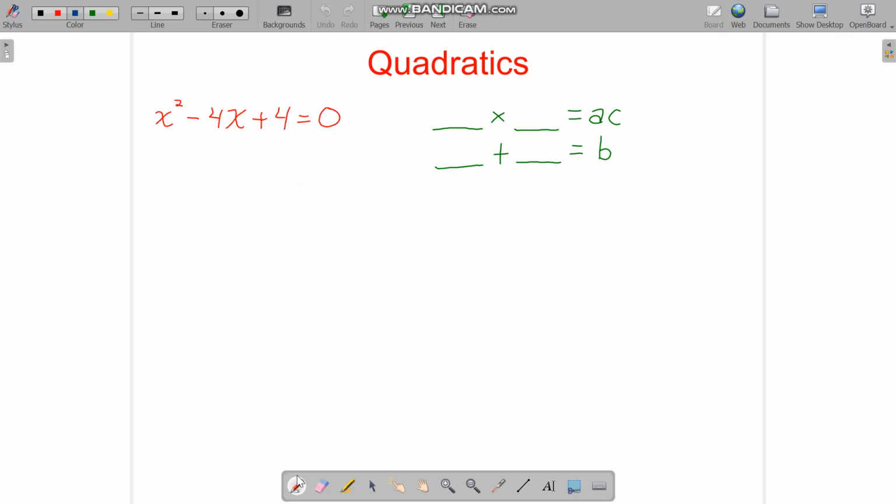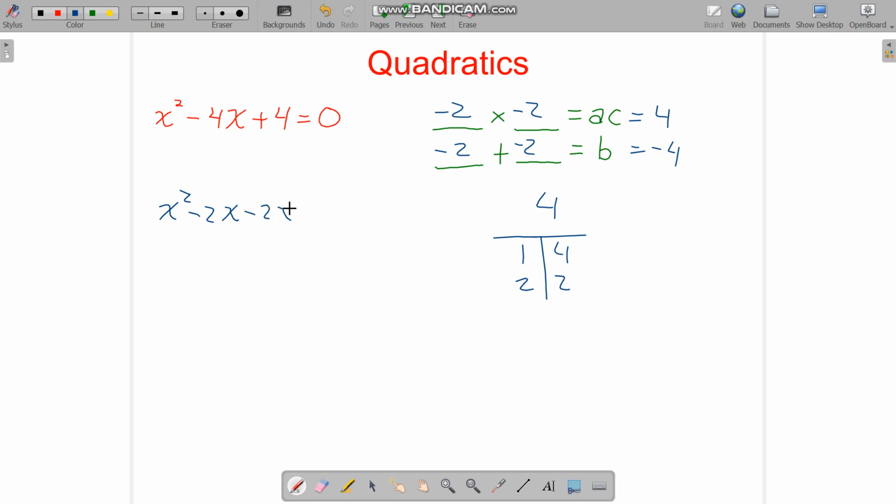Next, we can do the usual. A times C is 4, B is minus 4, factors of 4: 1 times 4, 2 times 2. The only way to get minus 4 is by using minus 2 and minus 2. So we have x squared minus 2x minus 2x plus 4 equals 0.